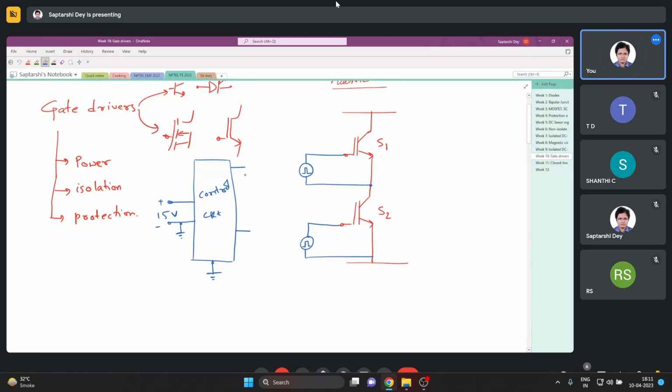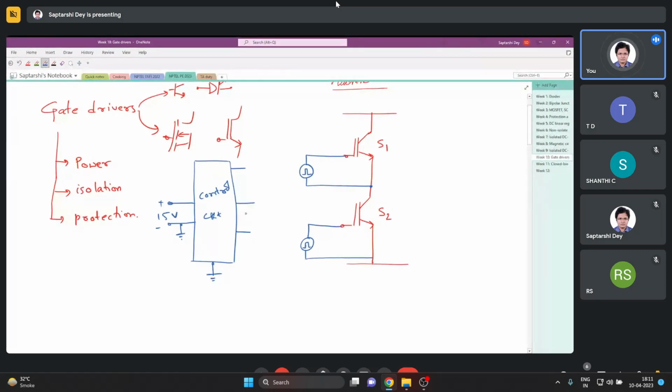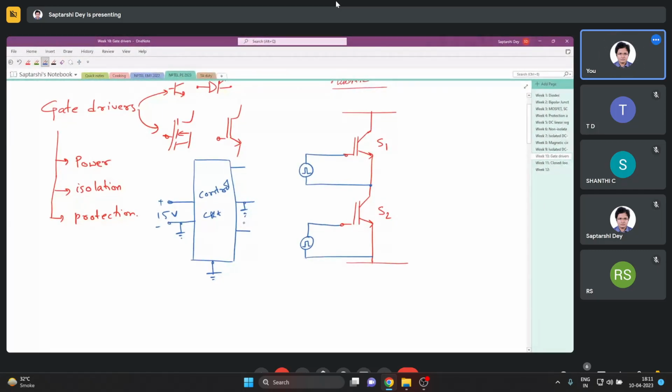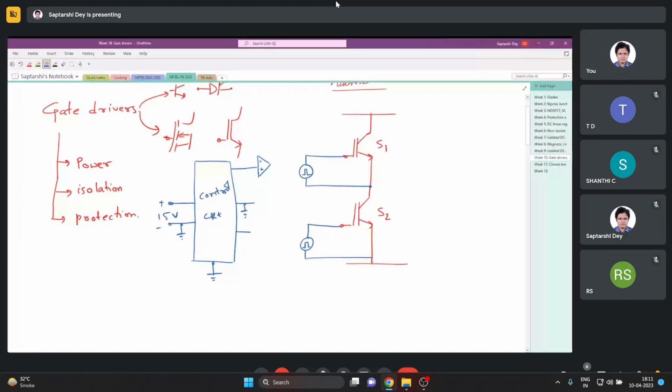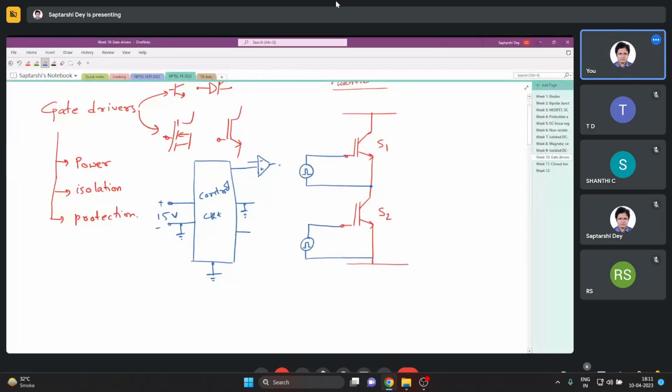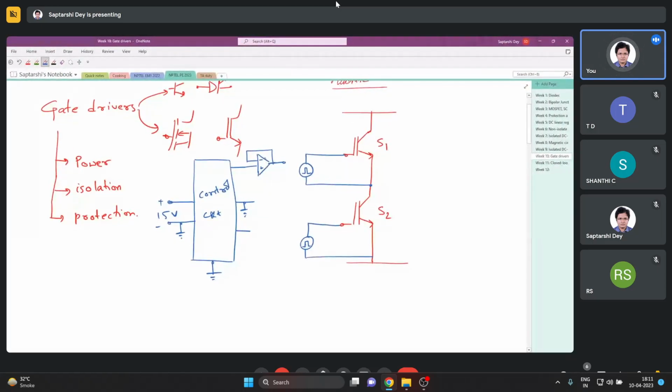Now you see, if this output also comes with a ground, the same ground as this one, right? Now what could have been done is, this could have been connected to an op amp, maybe, like this, with negative feedback. The op amp works well enough as a gate driver, right?